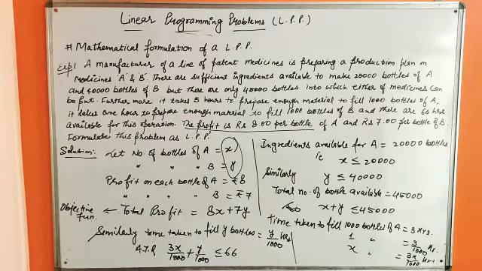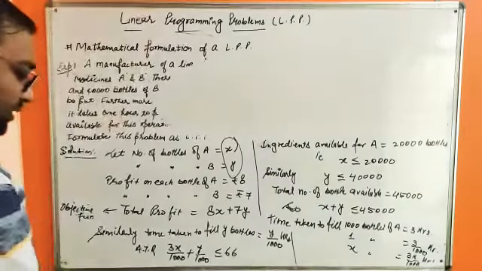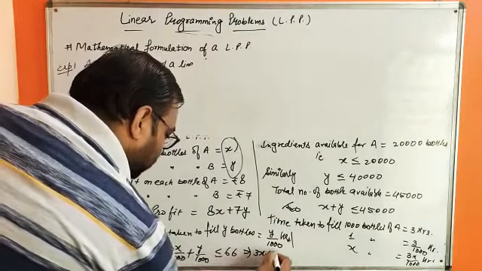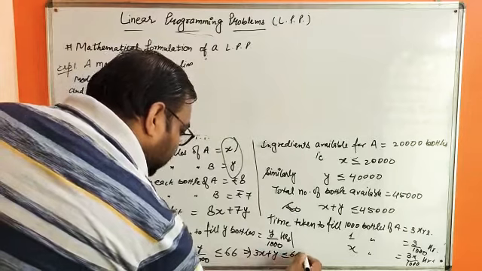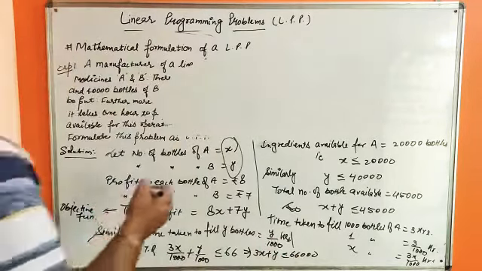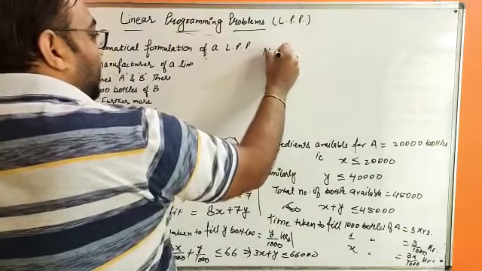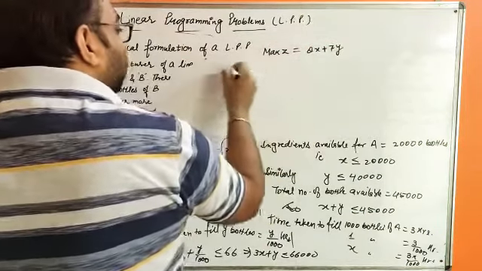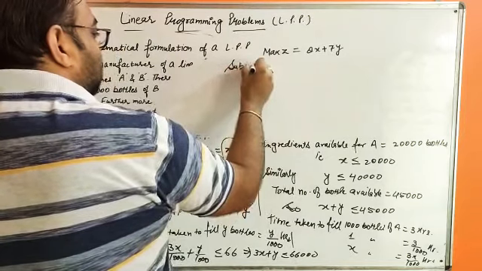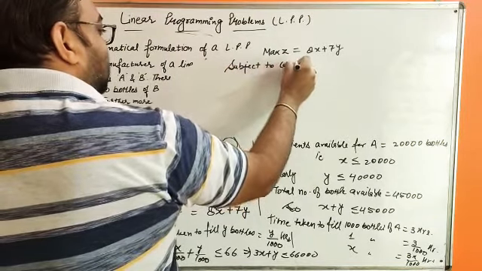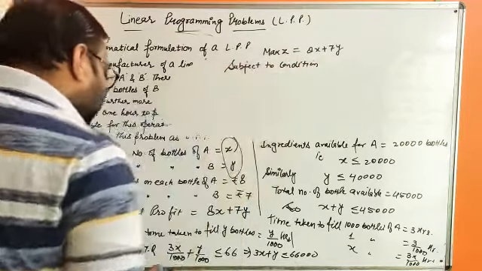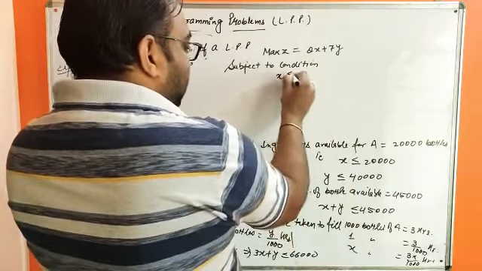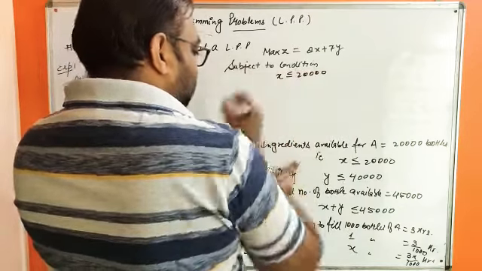So we can summarize it as, first we convert it into 3x plus y less than or equal to 66,000. So the summarized form is max z equals 8x plus 7y subject to the conditions. The first condition was x less than or equal to 20,000.